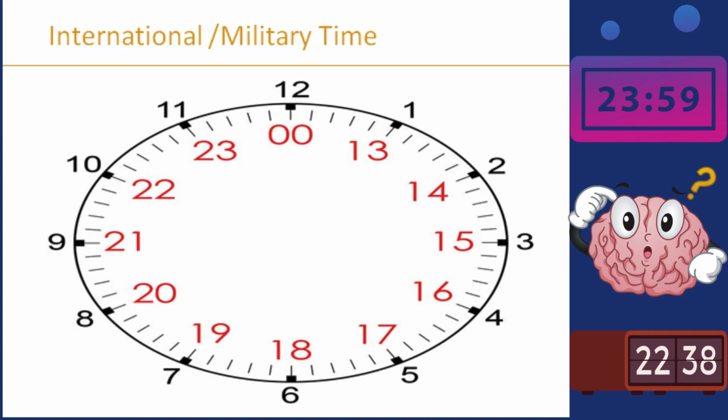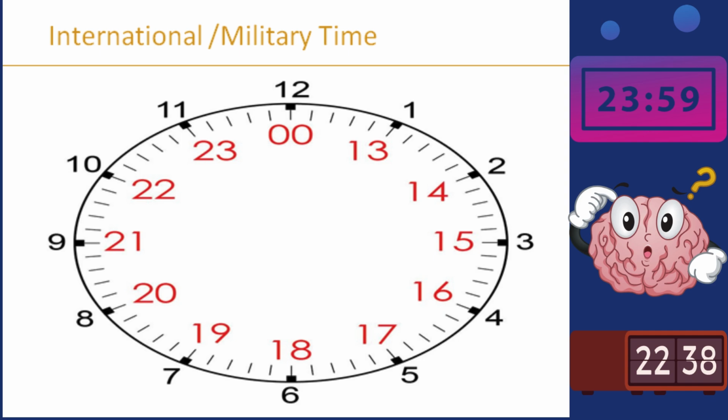This is 1300, so that's 1 p.m. 1400 is 2 p.m. 1500 is 3 p.m. 1600 is 4 p.m. 1700 is 5 p.m. 1800 is 6 p.m. 1900 is 7 p.m. 2000 is 8 p.m. 2100, 9 p.m. 2200 is 10 p.m. 2300 is 11 p.m.